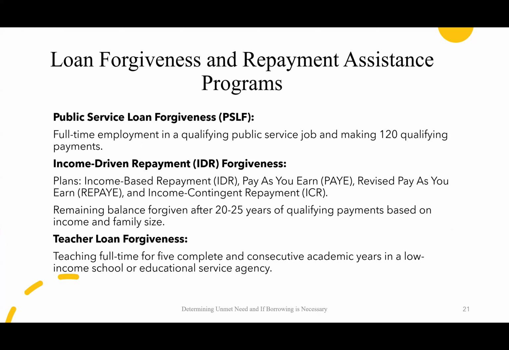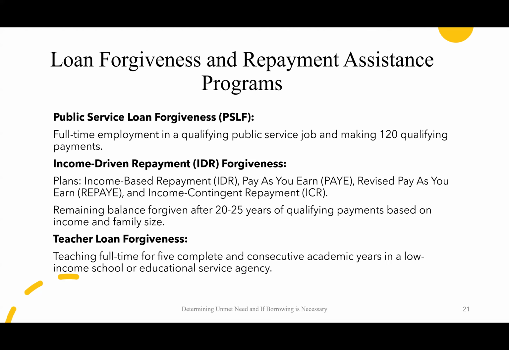All right, next is loan forgiveness and repayment assistance programs. There is a list of different repayment assistance programs that help students while they are in repayment. Here are a few.